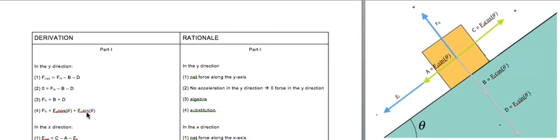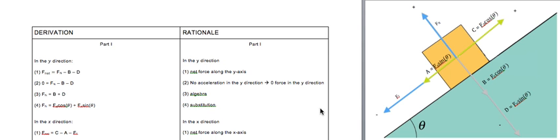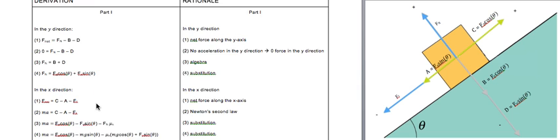And it's kind of hard to see down there, but we said that B is Fg cosine theta and D is Fp sine theta. So that's what Fn equals. Now in the x direction, the net force is equal to C minus A minus the frictional force. That's just because of the net force along the x-axis.